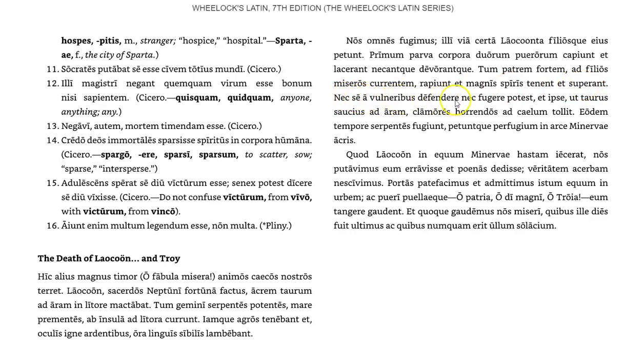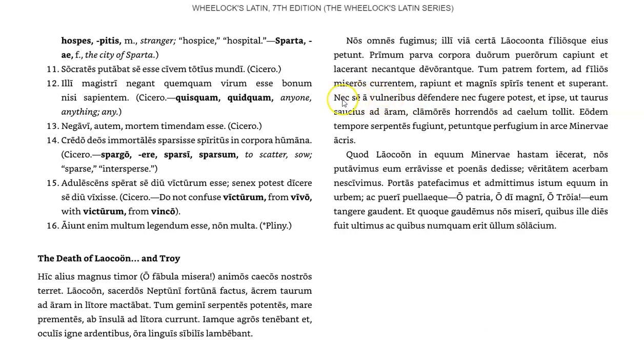Nexe al vonibus defendere nec fugere potest. So we have to be able to recognize here the verb is in the third person, so it's shifting back to Laocoon, the priest here. So he is neither able to flee nor defend himself from the wounds.